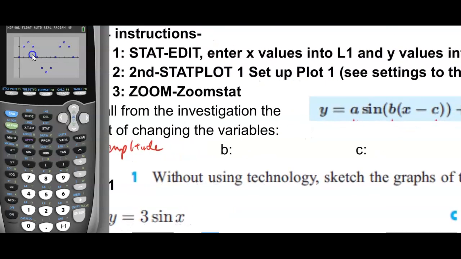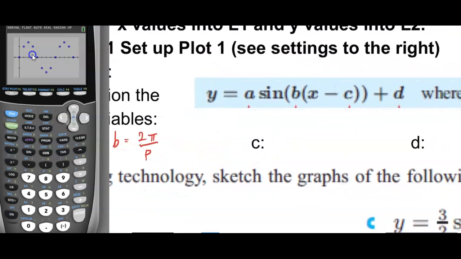B is related to the period. We can find the B value by taking 2 pi and dividing by the period, the horizontal width of one cycle.